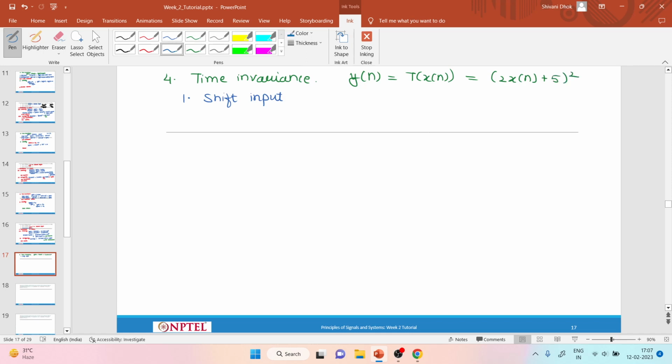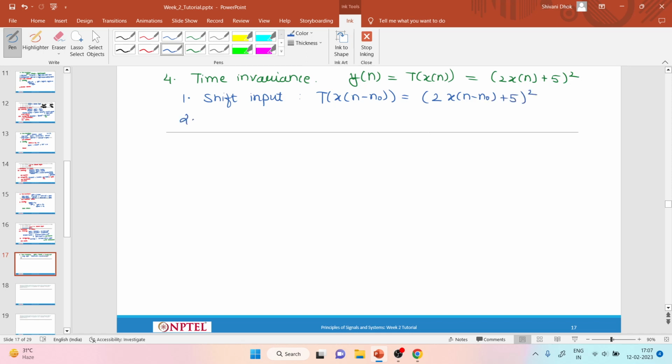So if I shift the input, that is if I look at the output for x of n minus n naught, this will be equal to 2 times x of n minus n naught plus 5 whole square.